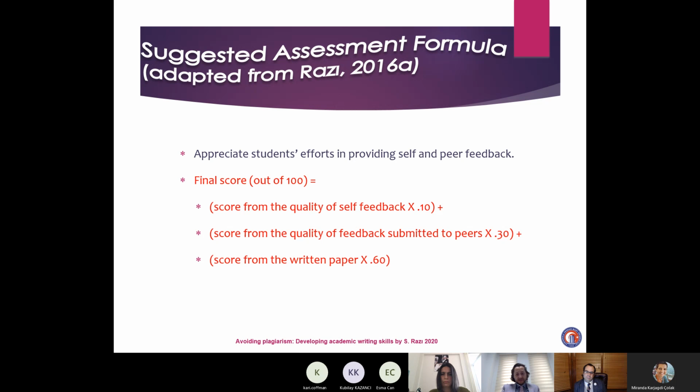When it comes to assessment, students will be submitting a written paper, so this will contribute 60% to their final score. What about the remaining 40? It will come from the feedback. It is possible to include self-feedback, or it is simply possible to do it with reference to peer feedback. I score the quality of the peer feedback that they provide to their peers.